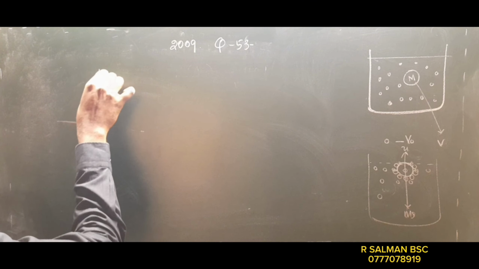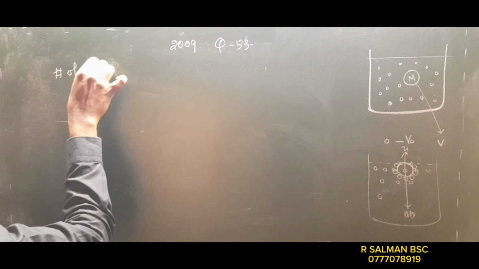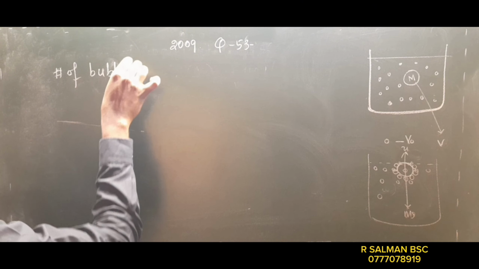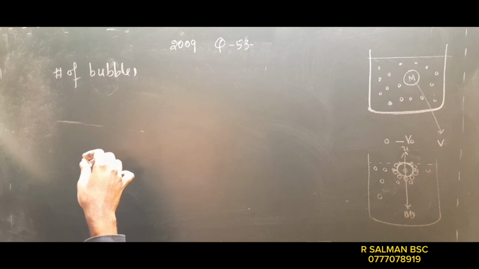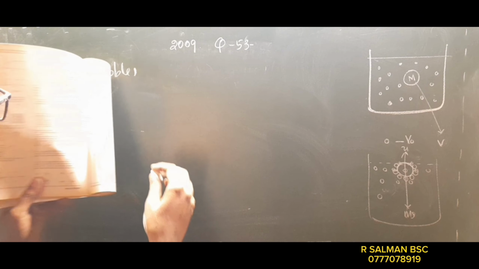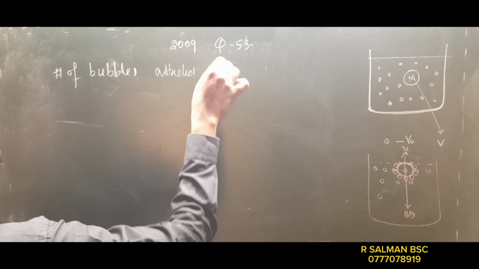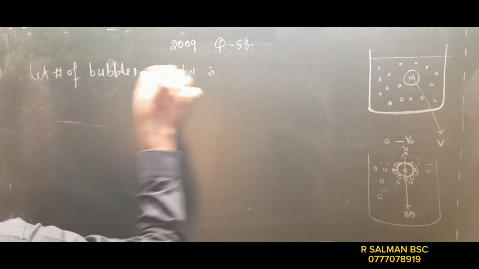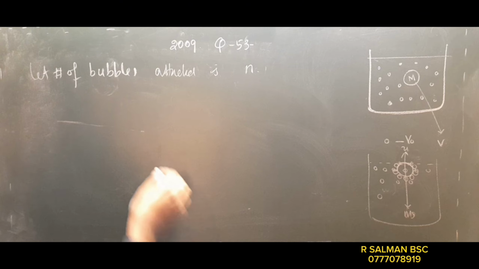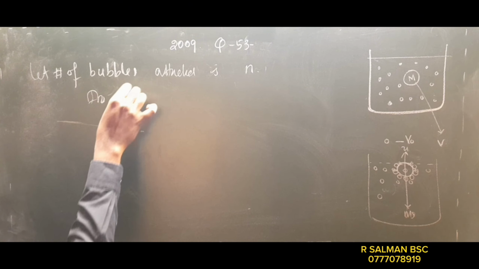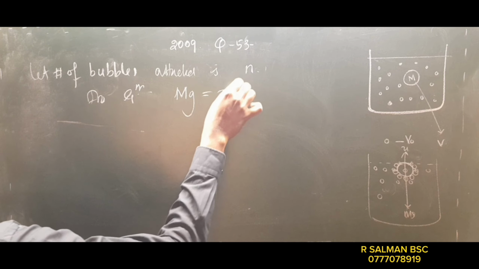In equilibrium, let the number of bubbles attached be n. Now in equilibrium, the weight is equal to the upthrust.